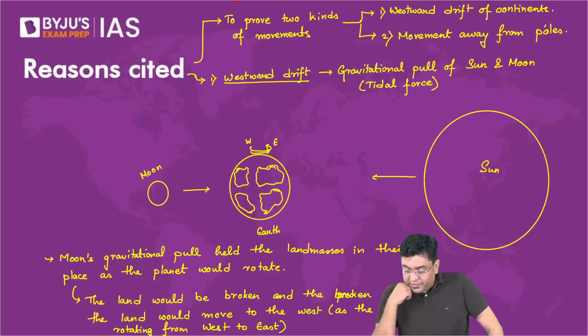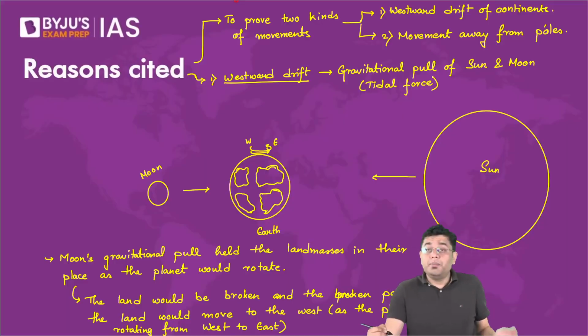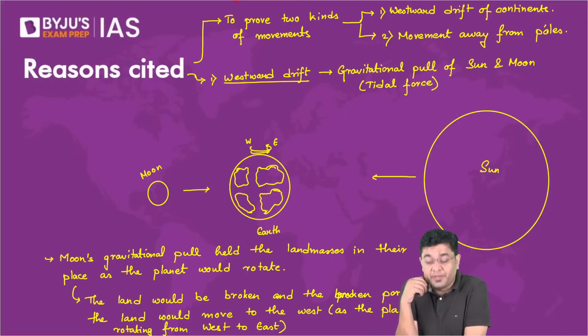Should this be written in mains? If it is rejected, why should it be taken in the civil services examination? I don't know. You can write a mail to UPSC DOPT. Why are they asking these questions if this theory has been rejected? You can go to the nearest MP or MLA and ask them to represent this question in the parliament as well. But they do ask this question, and it is not only restricted to geography.